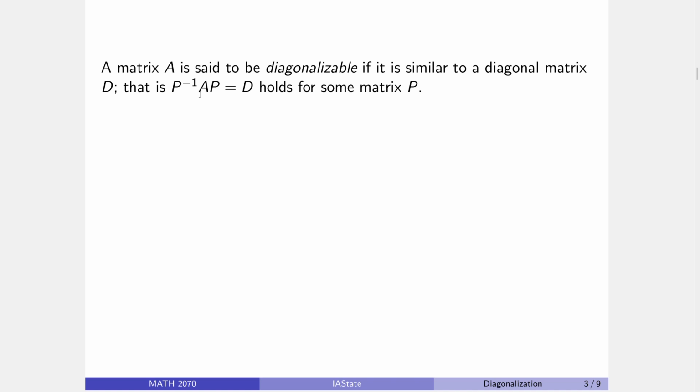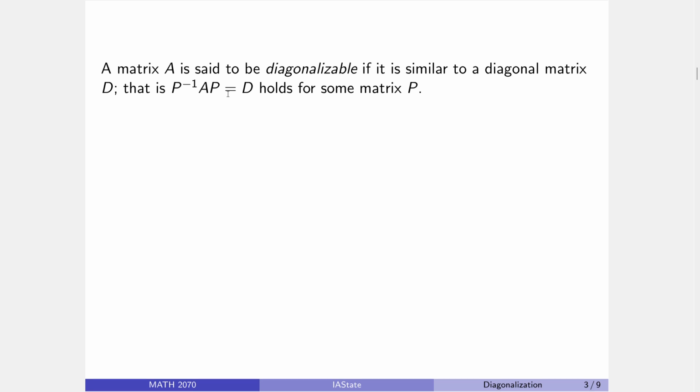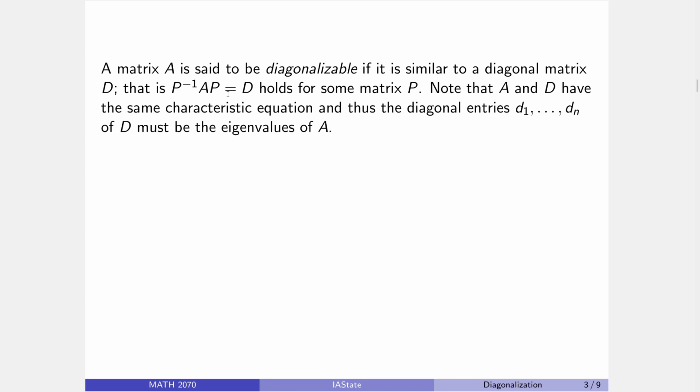In particular, we multiply on the left by P inverse and on the right by P. So you're diagonalizable if I can find some matrix P so that P inverse AP equals D, our diagonal matrix.